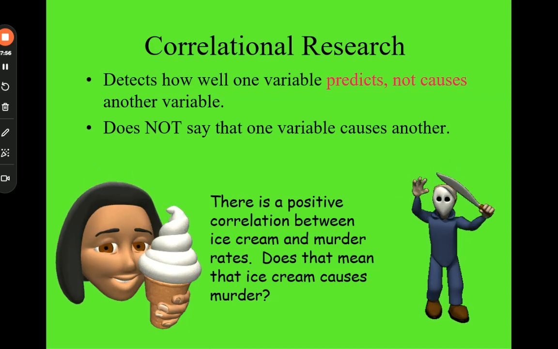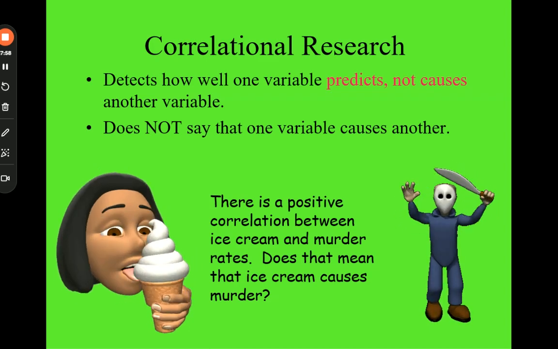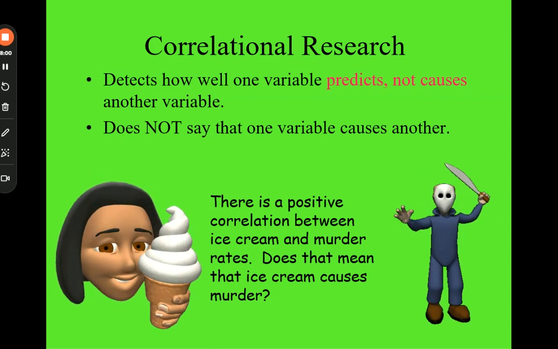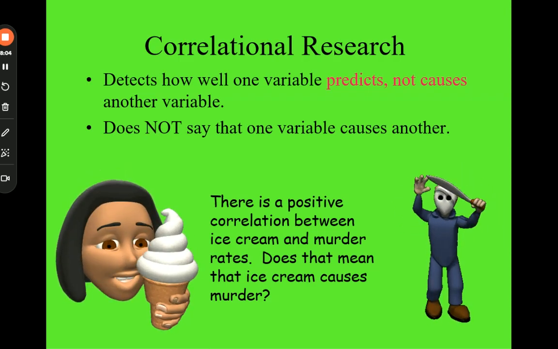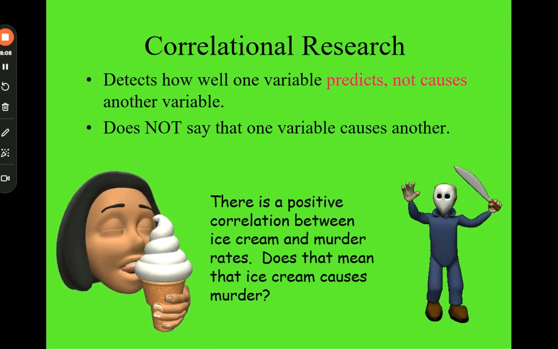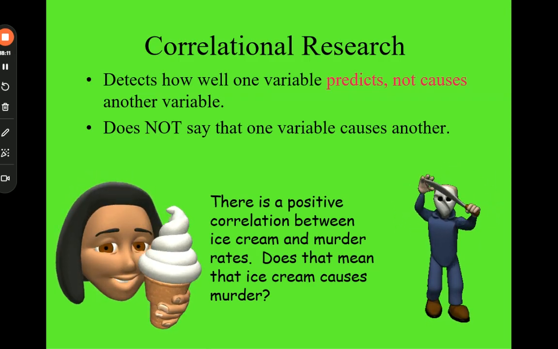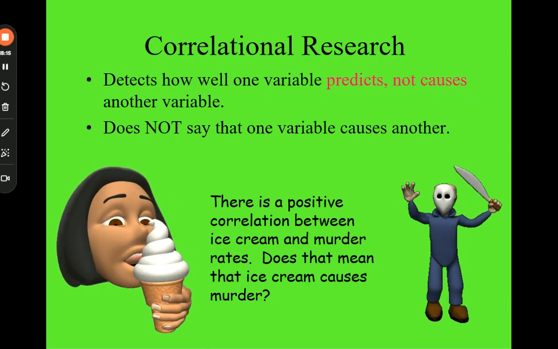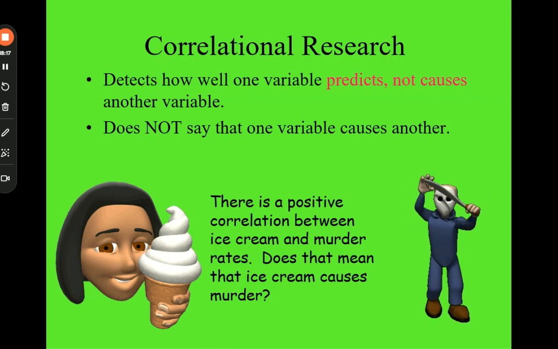So does that mean that ice cream causes murder? Or that murder causes ice cream consumption? Or does something else cause both? We don't know. You have to do an experiment to know. But correlational research is saying, to what extent do two things go together?